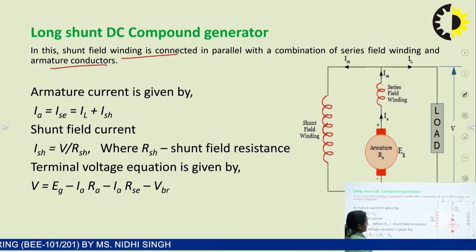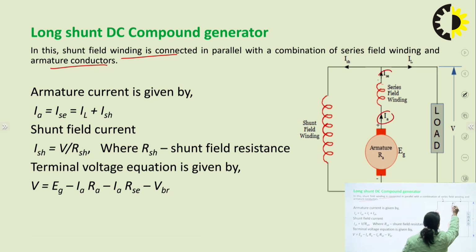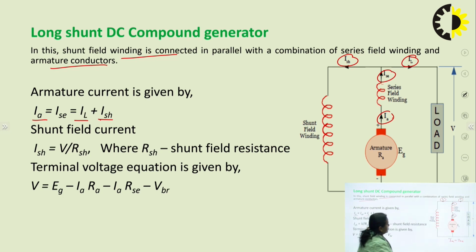Here IA and ISC are equal, so IA is equal to ISC, and IA is equal to ISH plus IL. So we can write IA is equal to IL plus ISH. Then the shunt field current, what will it be?